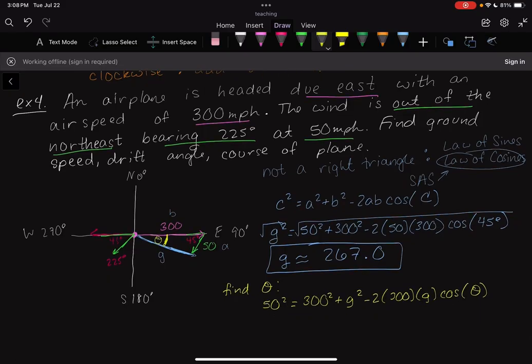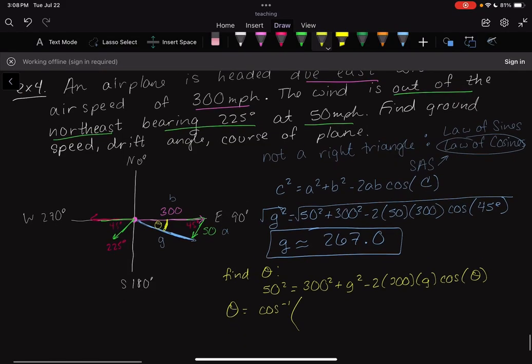Now I have g, so I'm going to go ahead and plug that in. Be careful when you do it through MyMathLab though. You may not want to use your rounded value, unless it tells you that you can. So if I write all this out, it would be 50 squared minus 300 squared minus 267 squared, divided by negative 2 times 300 times 267.